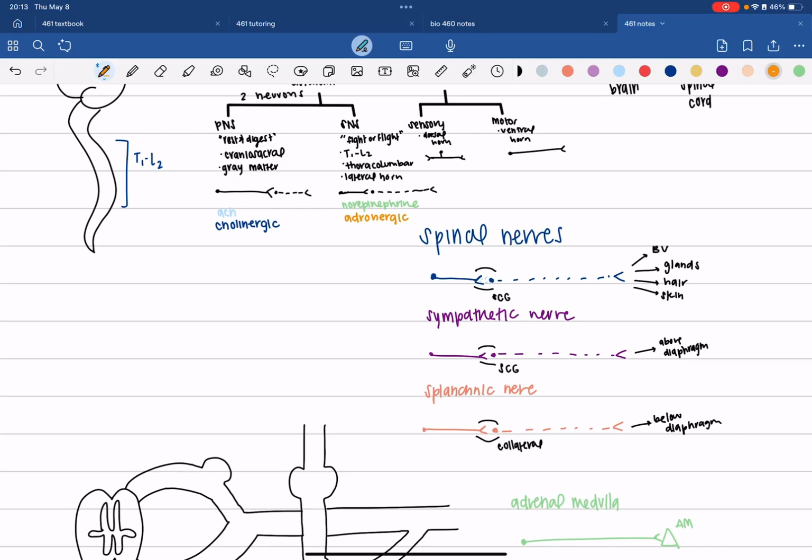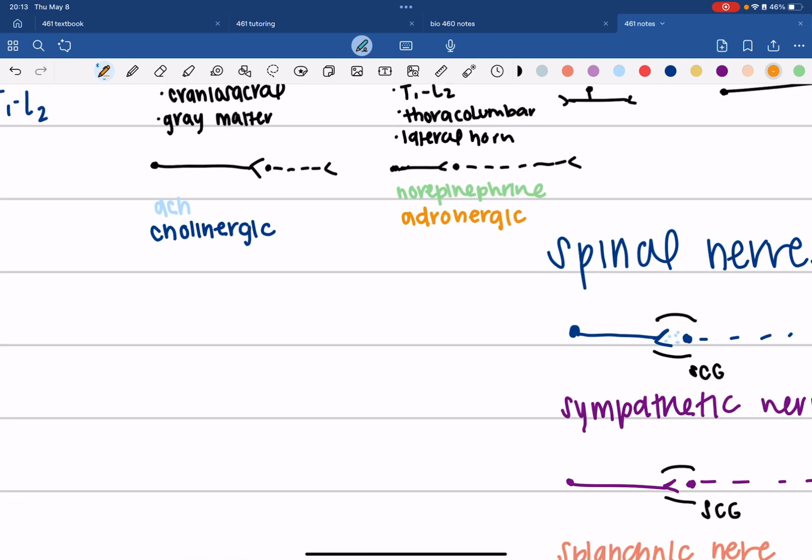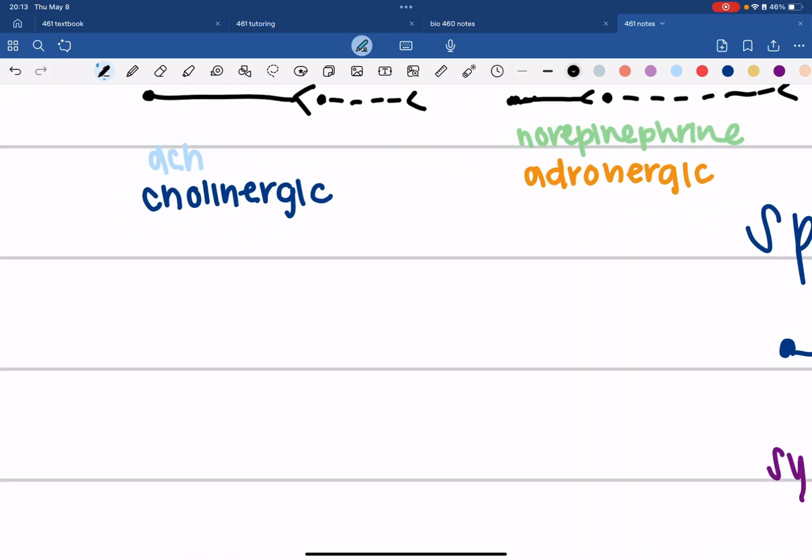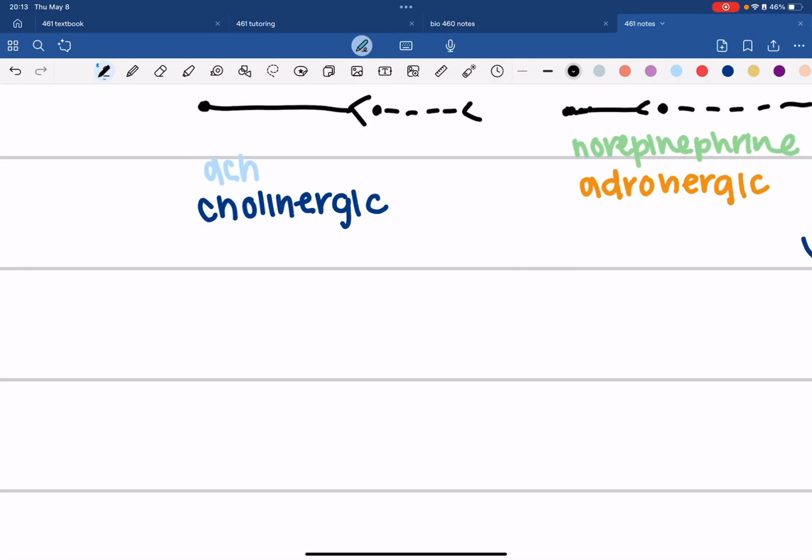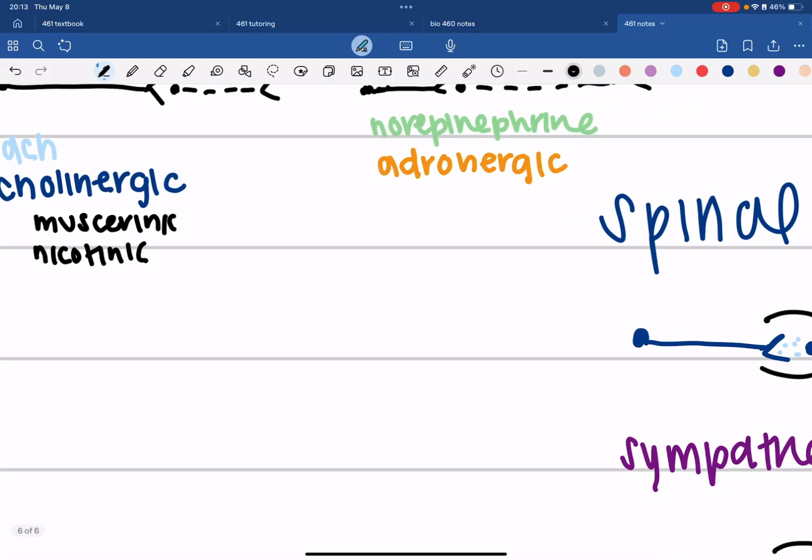And there's some slight differences every once in a while, but for the most part, that's what it is. And under cholinergic, we're going to include the subtypes muscarinic and nicotinic. And then for adrenergic, we're going to have alpha, beta, and dopamine.